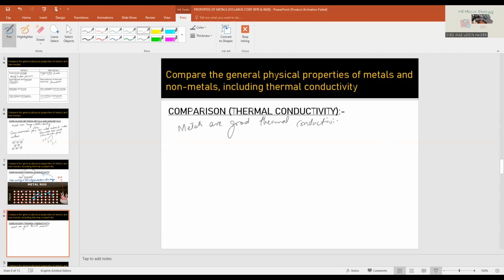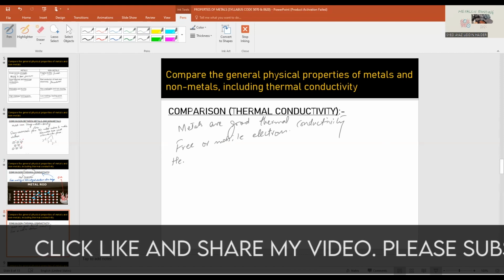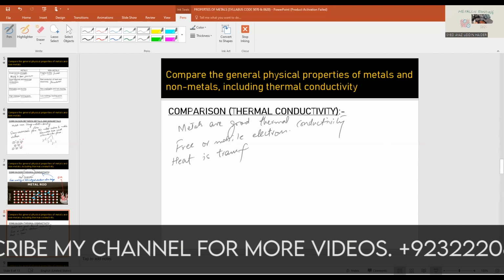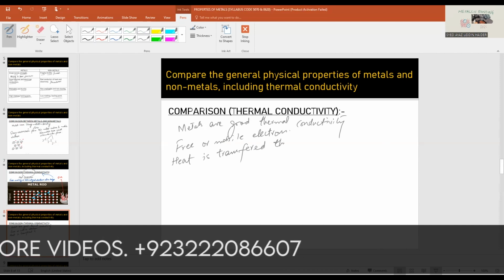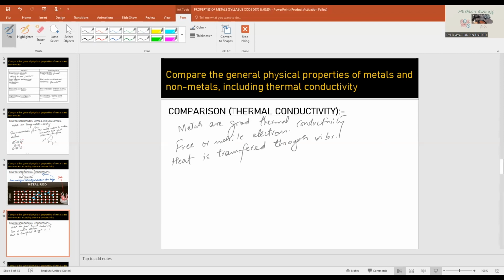The reason is already explained: they have free or mobile electrons, or heat is transferred through vibration of metal atoms.